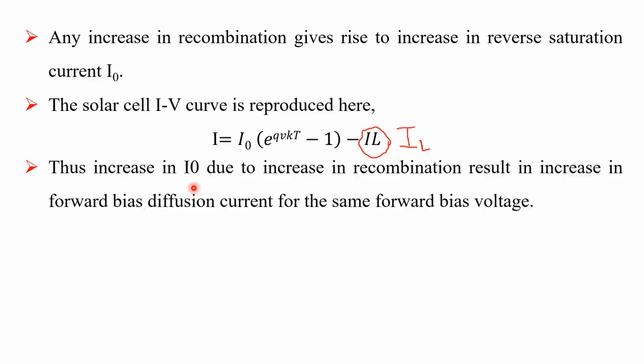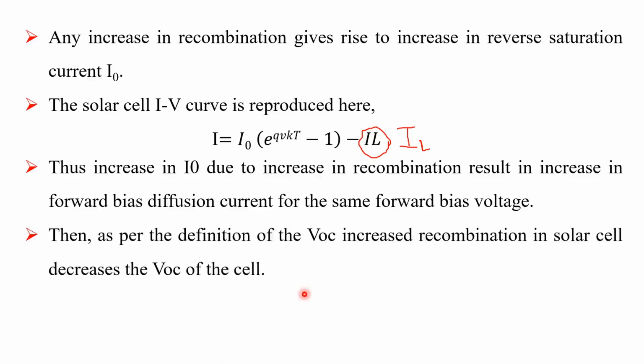Thus, the increase in I0 due to the increase in recombination results in an increase in forward bias diffusion current for the same forward bias voltage. Means the increase in I0 means the increase in recombination, and the forward bias diffusion current increases.